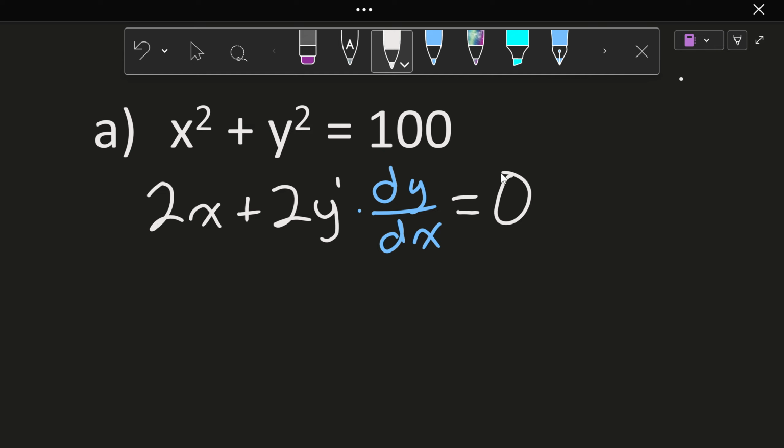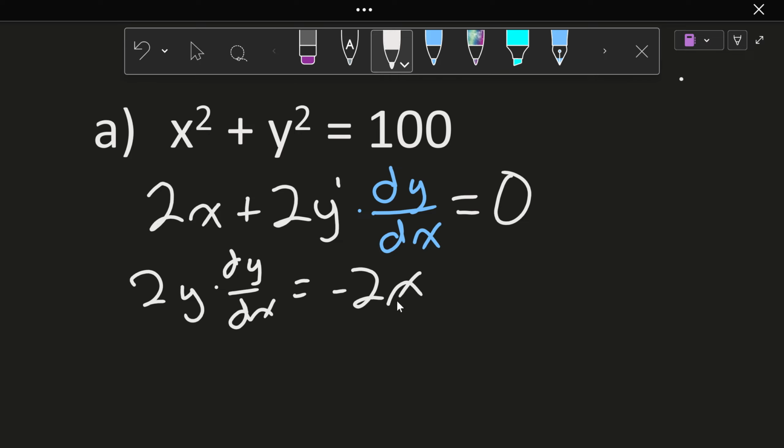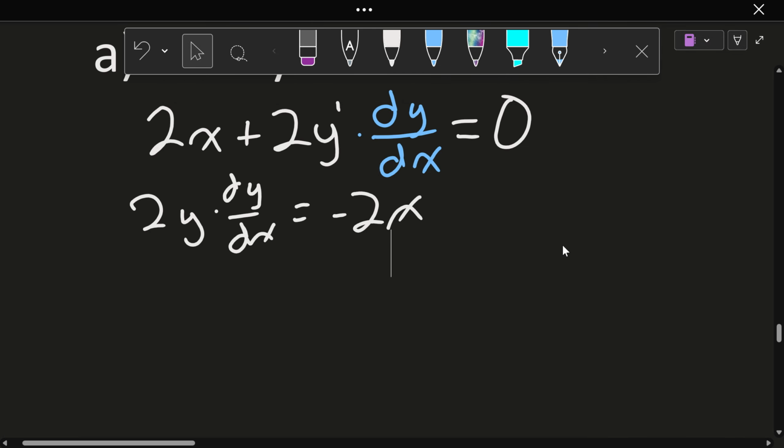So now that I've differentiated each term, I've got to isolate that dy by dx. I'm going to keep that on the left side. It's being multiplied by 2y. So the first thing I'm going to do is move that 2x to the other side. So I'm going to have 2y times dy by dx equals negative 2x. All right, I'm almost there. The last thing I have to do is get rid of that 2y in front.